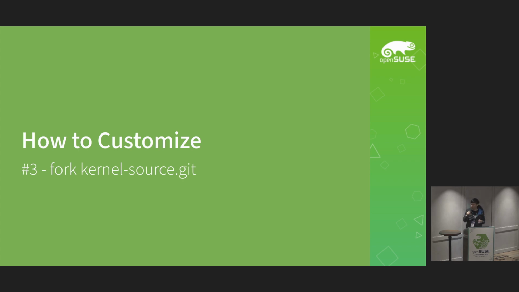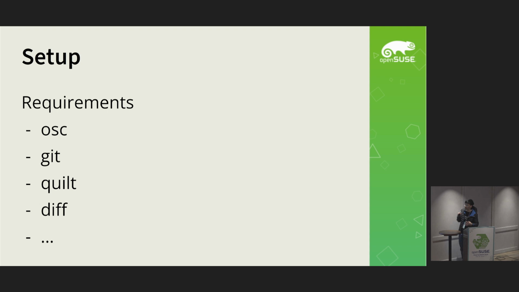And this is actually quite complicated, so I'll just go over it briefly. But first of all, there's a lot of tools you need. You need Git, and you need something called Quilt. Quilt is a tool that helps you manage patches. It applies and unapplies patches and makes patch-based development easy.